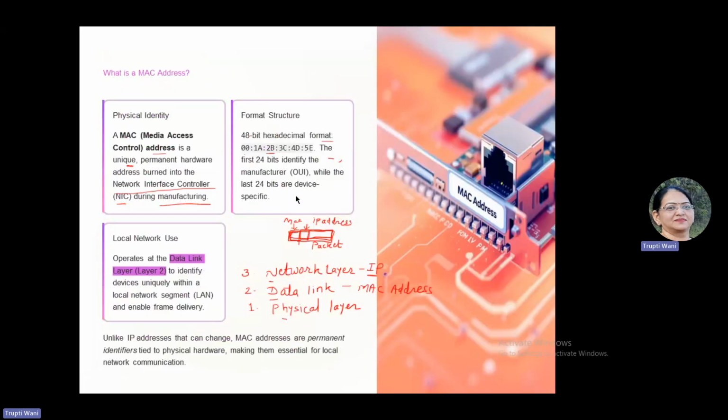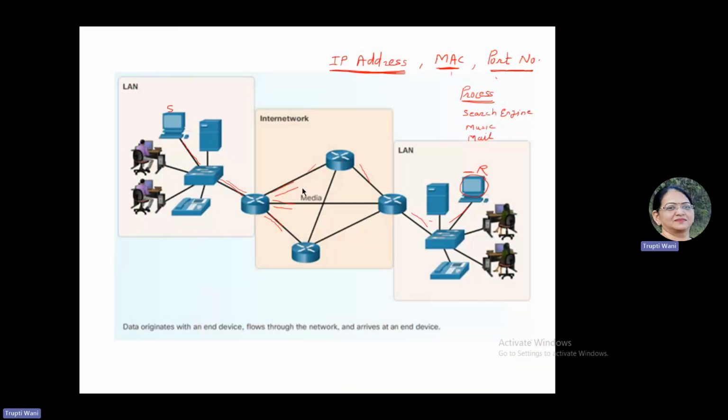So by all these things, the data is properly passed from sender to receiver, and reaches that particular application window. Now we have seen IP addresses, MAC addresses, and port numbers in detail. Hope all of you understand this.